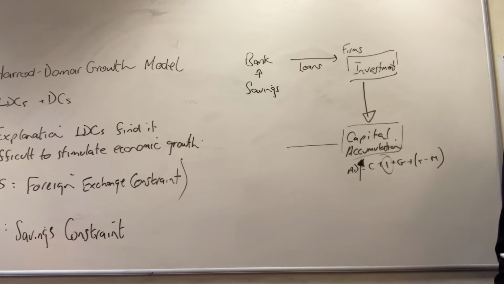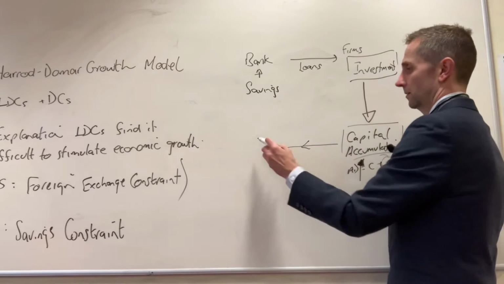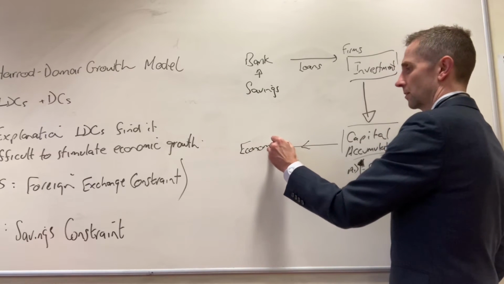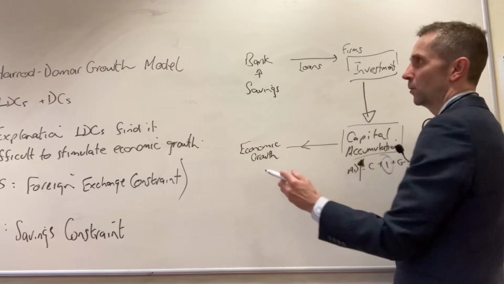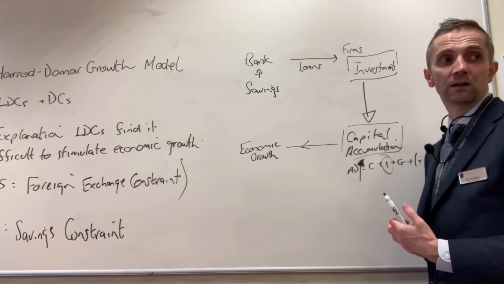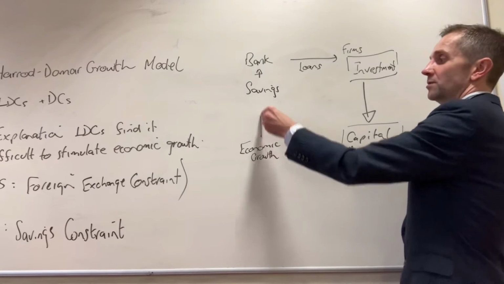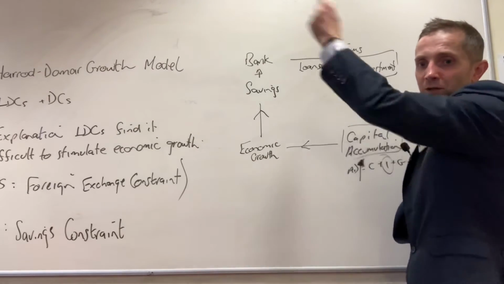And as a consequence? Yeah. So you're going to have economic growth. And then what will that enable your residents to do? And save more, and so the cycle continues. So this is kind of a virtuous circle.